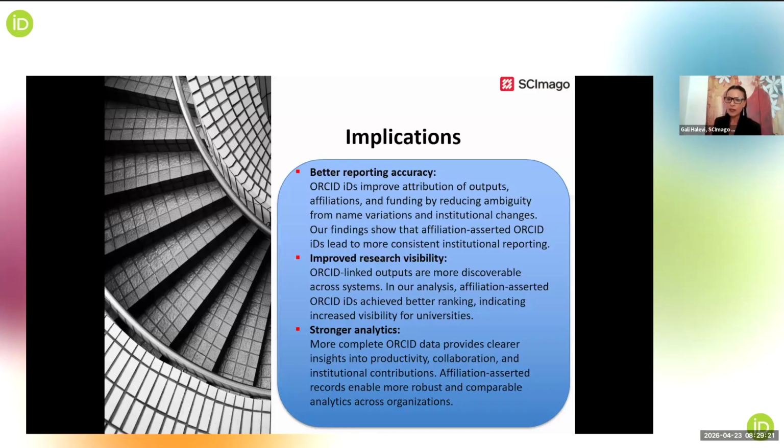So as a key point here, an institution needs to understand that the more accurate the data is, the clearer and stronger the analytics that can be done on their research output.